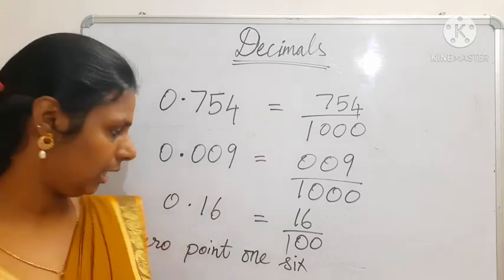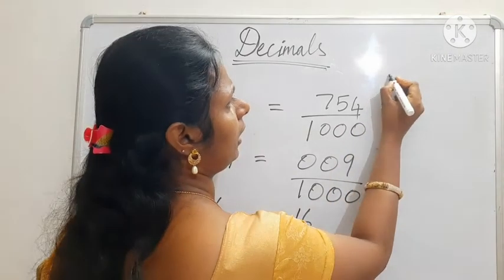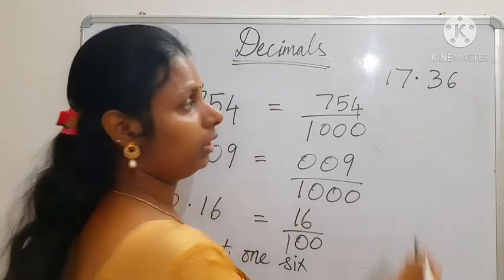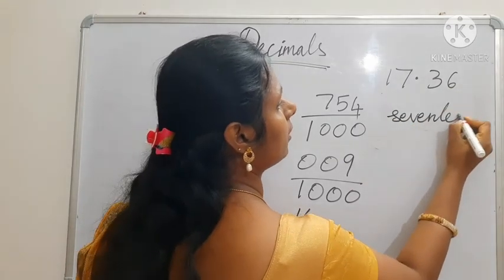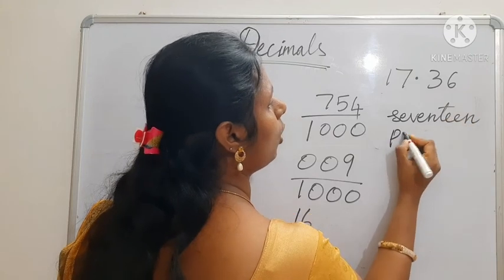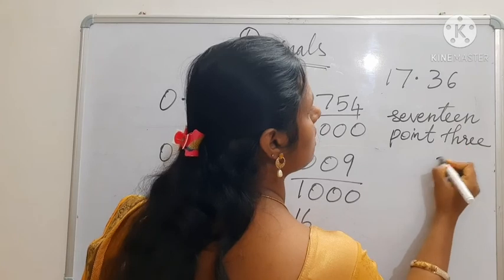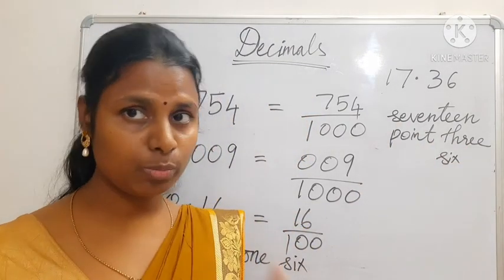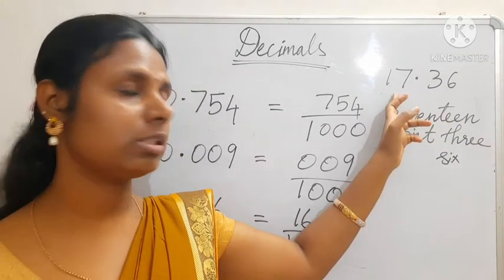Here, if there is a whole number, for example 17.36, this 17 should be written according to the place value because it is a whole number.